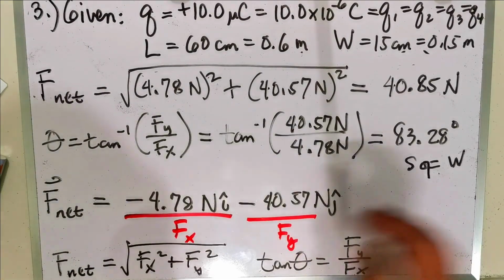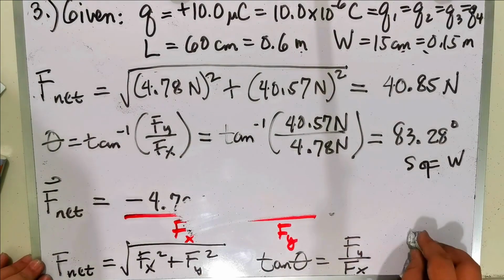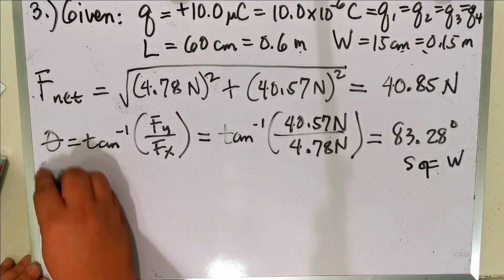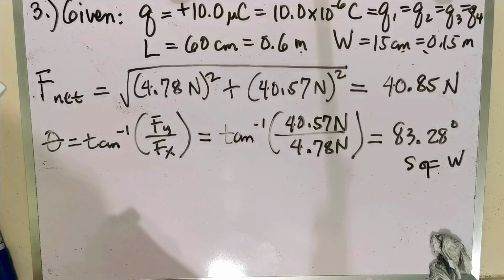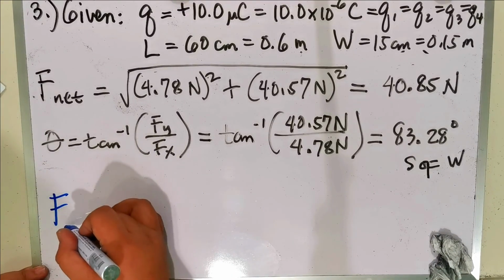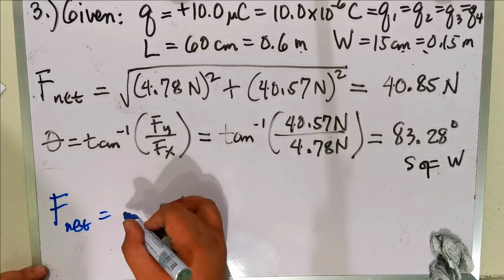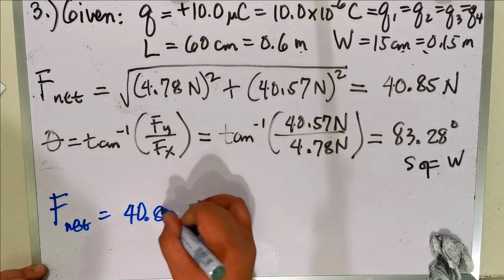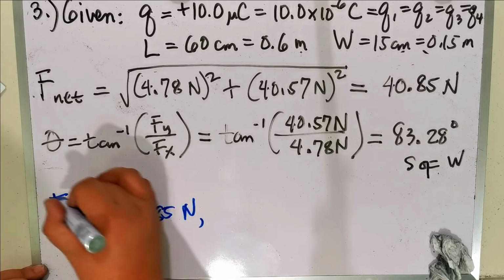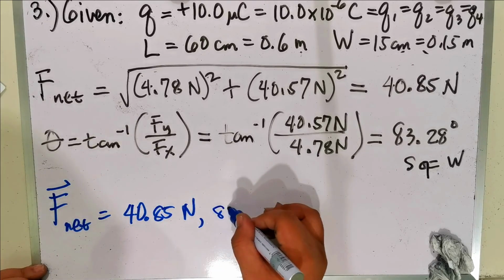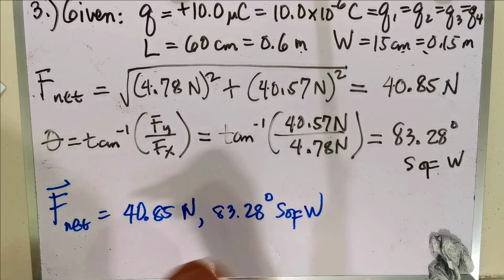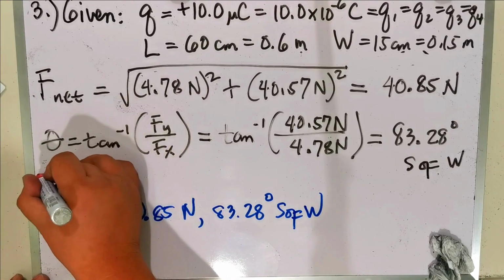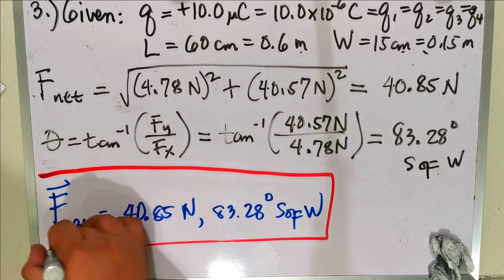So, the final answer, the magnitude and direction of the net force on the lower left charge, is F net equal to 40.85 newtons directed at 83.28 degrees south of west. So this is in agreement with our drawing earlier.